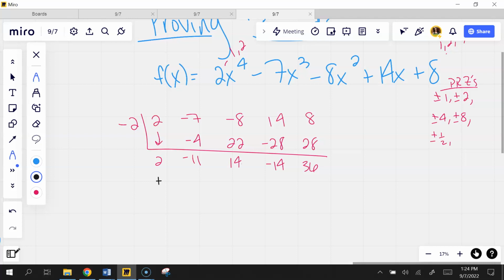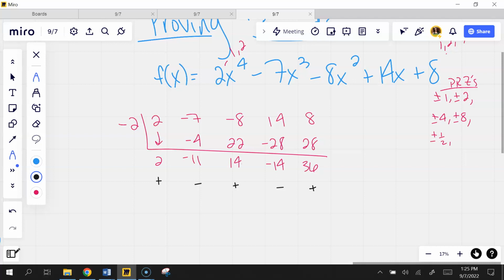Positive, negative, positive, negative, positive. And what I'm actually going to say instead of positive, negative is that I'm alternating between negatives and non-negatives, because what I'm getting at is zeros don't count here.